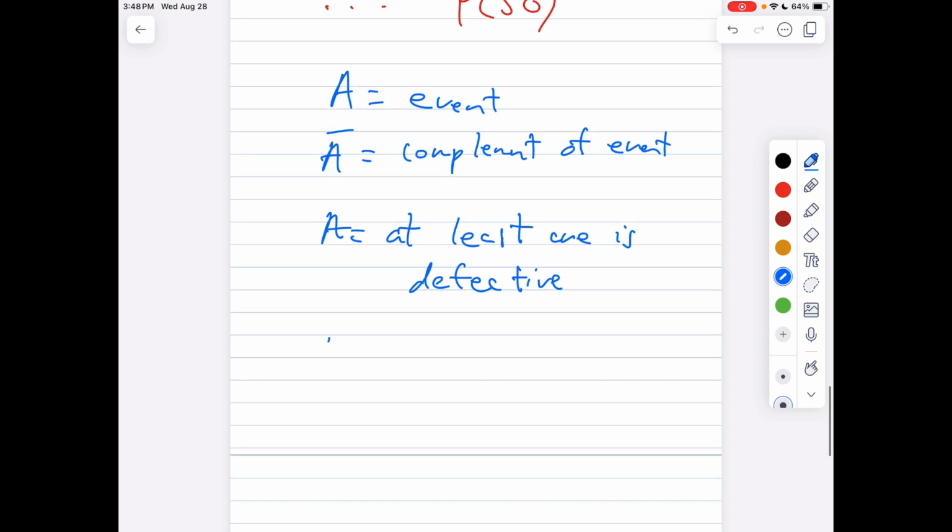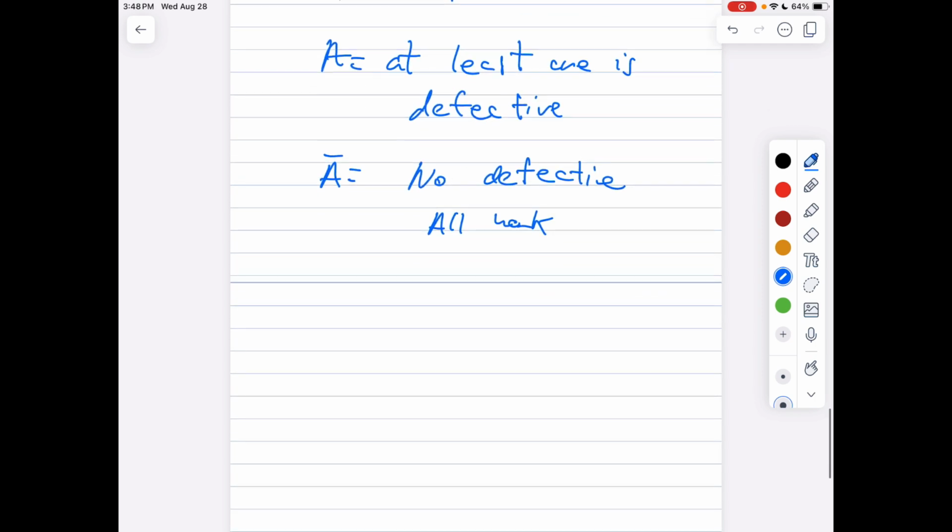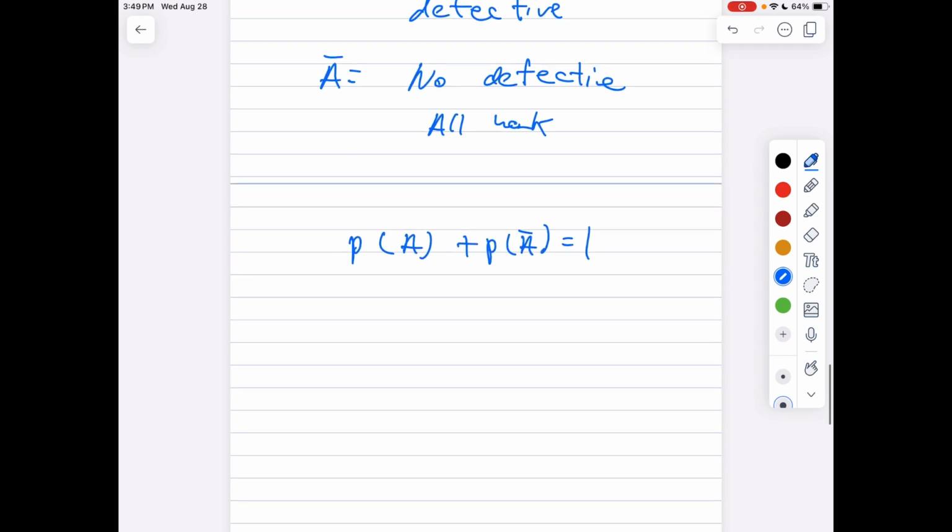What's the opposite of at least one defective? Is that there are no defective, okay? Or that they all work. And there's a rule that says that if you take the probability of an event happening plus the probability of its complement, it's equal to 1. So the probability of an event, you can take 1 minus the probability of the complement.